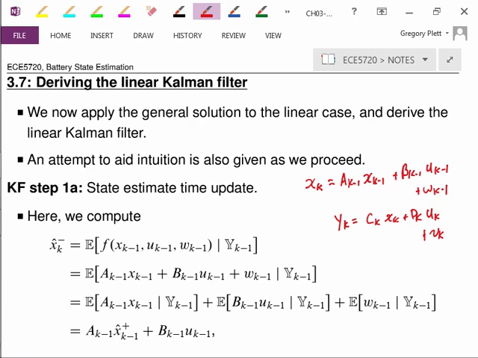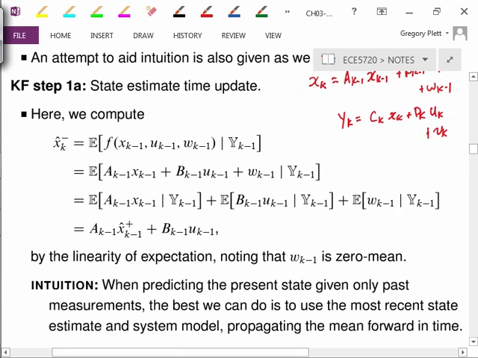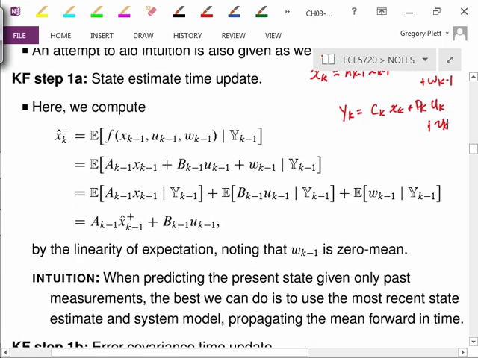With what we've done so far, this is fairly straightforward, and it amounts to algebra more than anything else, which is a lot easier, I think, than calculus and difficult derivations. So we go through the 6 steps. So step 1a, generically speaking, said we need to be able to compute this.